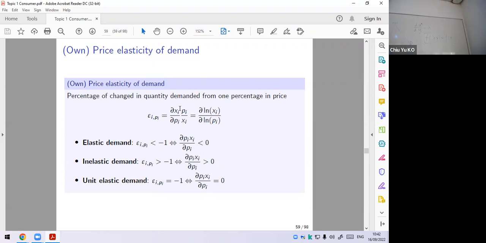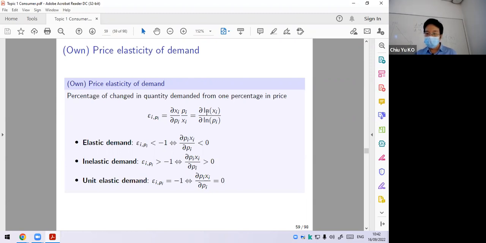Or we say the markup, how the market price compares to the marginal cost, is actually closely related to the elasticity of demand, which we will learn later. But we just define this at the moment.